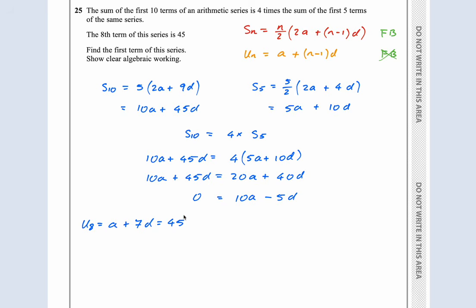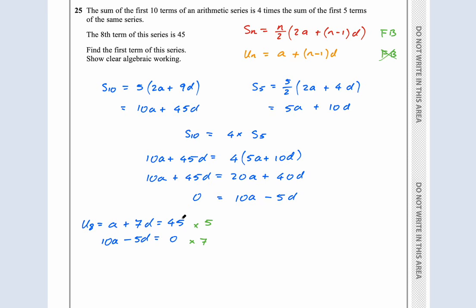So in that case, let's make the d's the same to eliminate the d. Let's write it under here, guys: 10a minus 5d equals 0. I'm going to multiply the top one by 5 and this one by 7, and then they'll both be 35d.